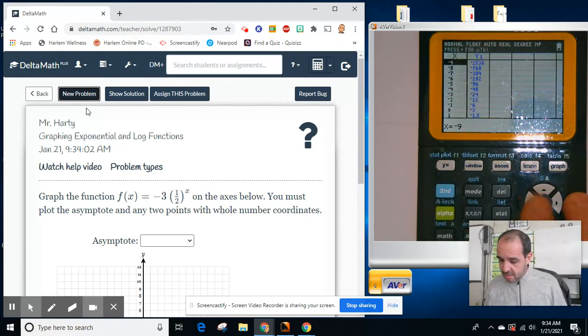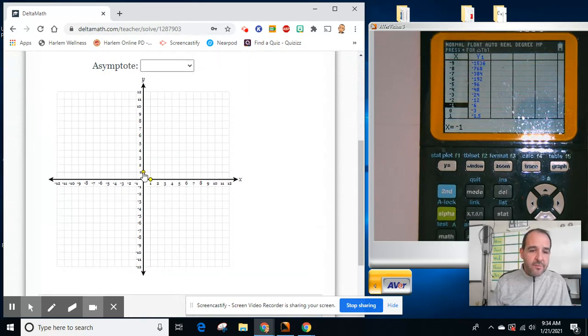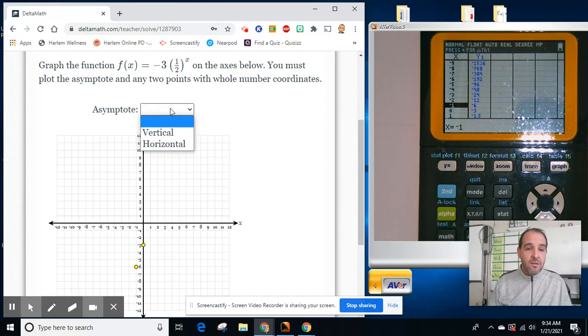Pull up my chart. Now I got lots of whole number answers to play with this time. So let's see. So I got -1, -6. There's -1, -6. And I got 0, -3. Still going to be horizontal. So again, it's still growth and decay.